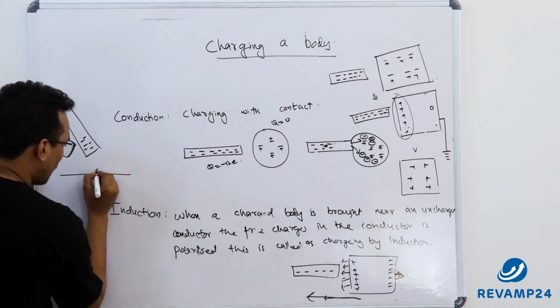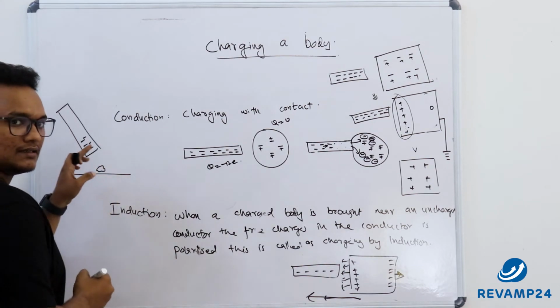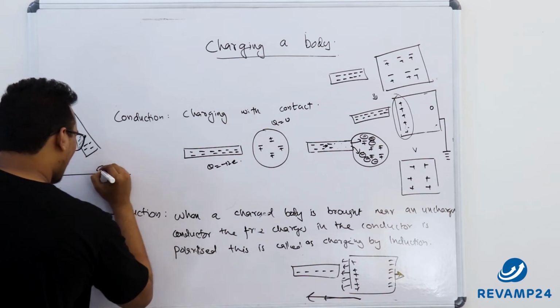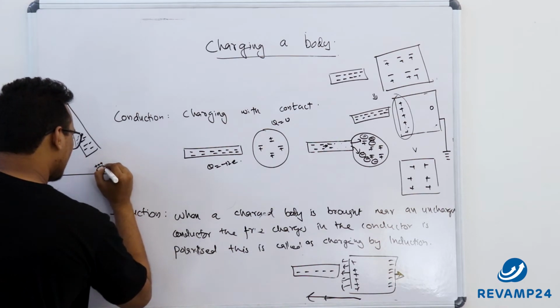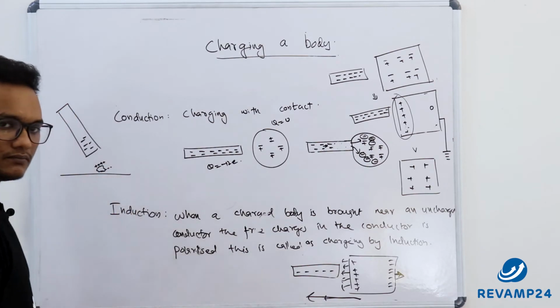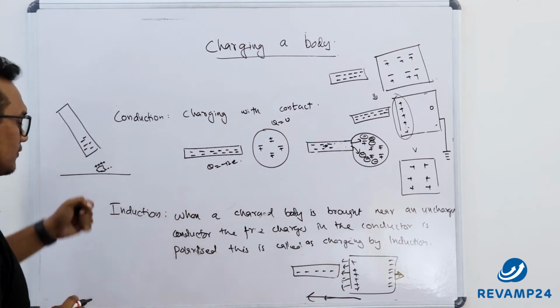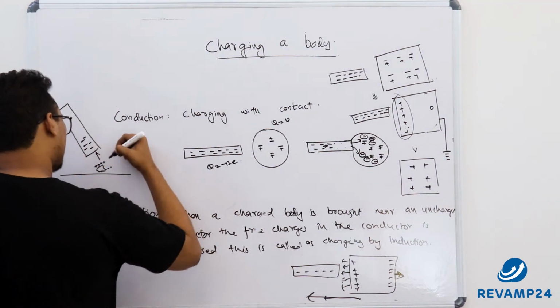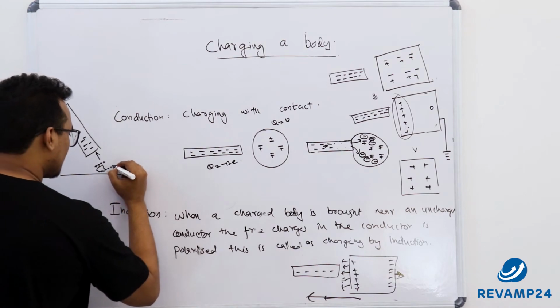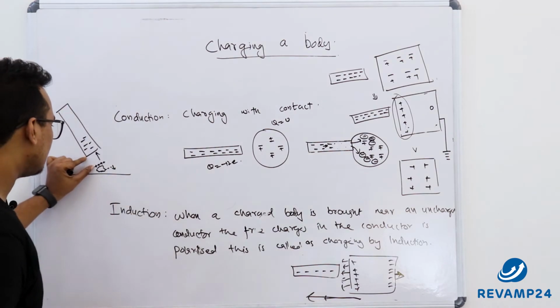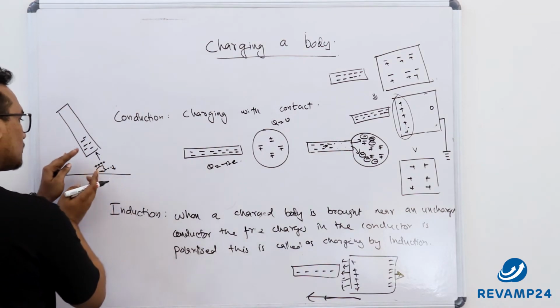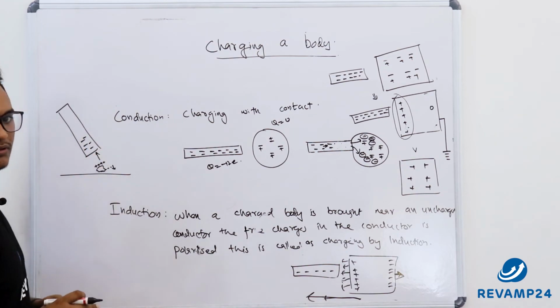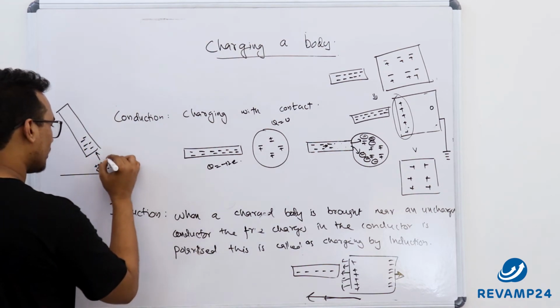When we keep a small piece of paper, what will happen? These negative charges will bring all positive charges to one end and all negative charges to the other end of the paper. Now the paper's positive charges will be attracted in this way and negative charges will be repelled in this way. As these are close to each other, this force will be higher as compared to this force.